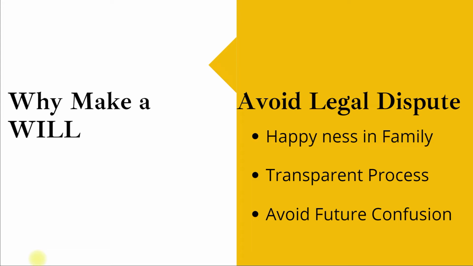About the text, about the content, whatever you write inside that will, it really does not have any specific structure or any language which you need to use. It needs to be very simple. It needs to be understood by the person, and it should not have any double meaning.